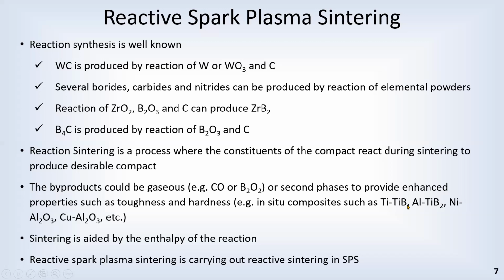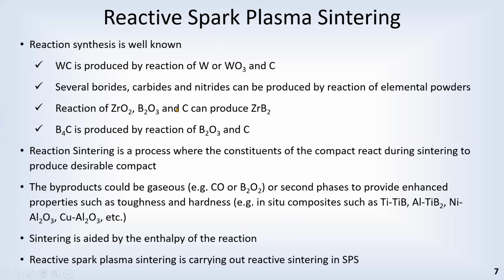Borides produced in metal matrix composites are aided by the enthalpy of the reaction. So the reaction leads to release of energy, which is helpful in the sintering. So reactive spark plasma sintering is nothing but we carry out this reactive sintering in an SPS.